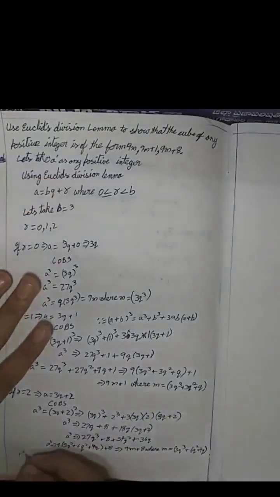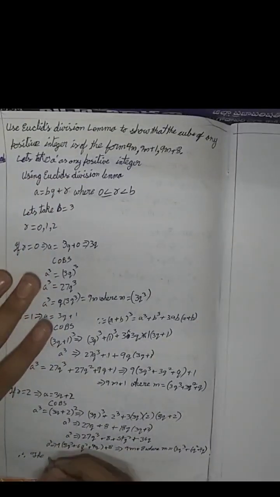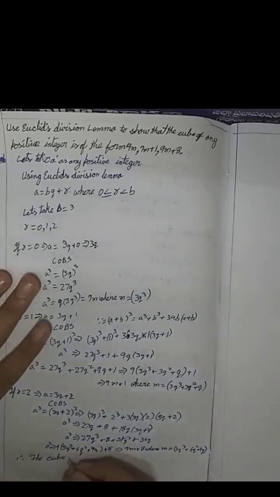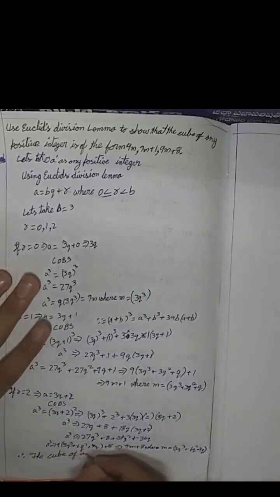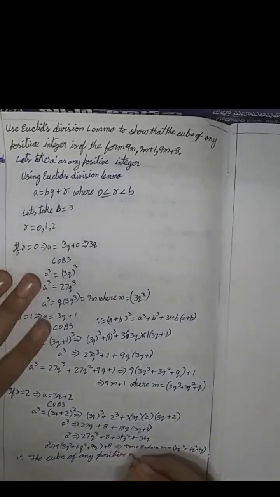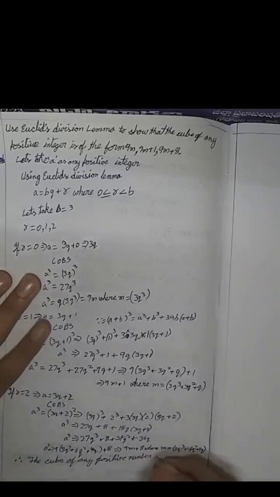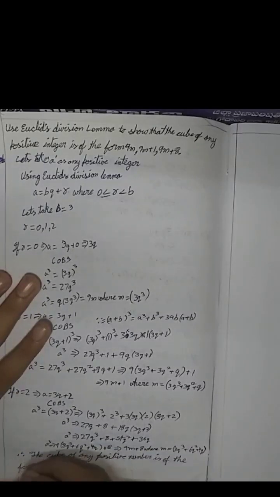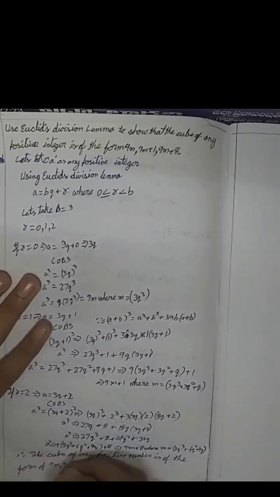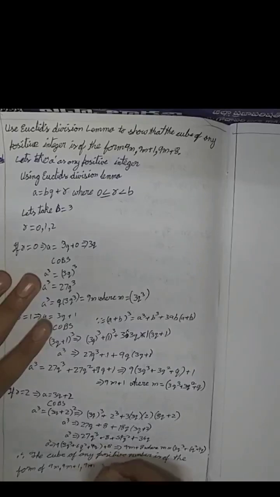Therefore, the cube of any positive integer is of the form 9m, 9m plus 1, or 9m plus 8.